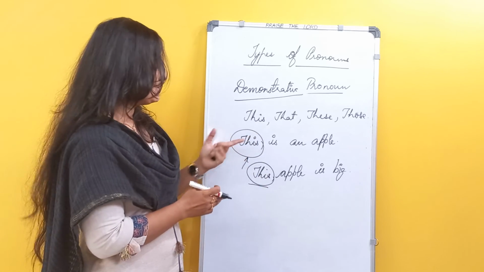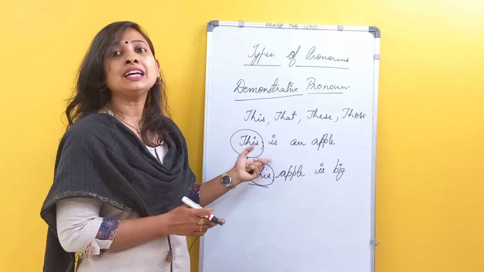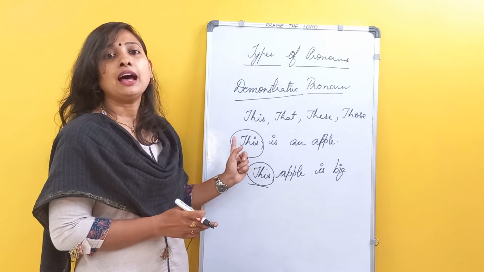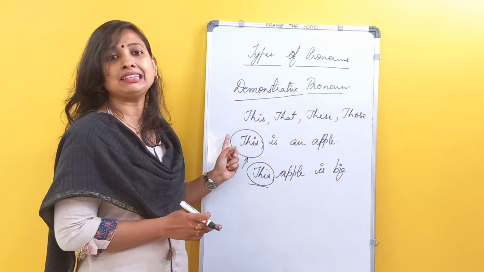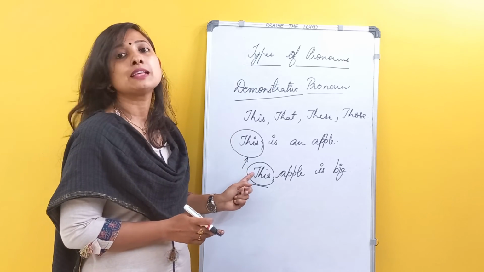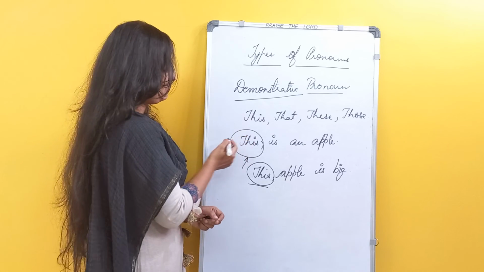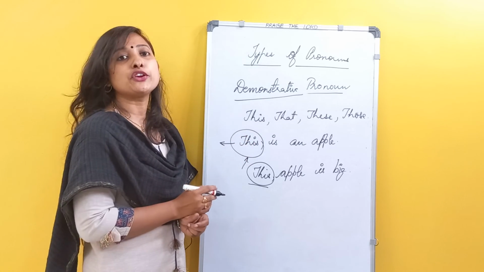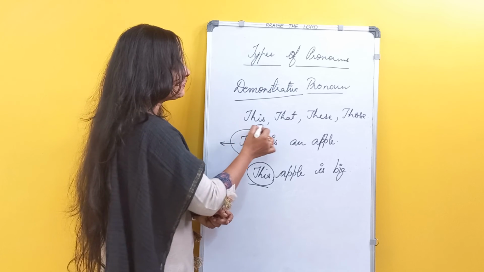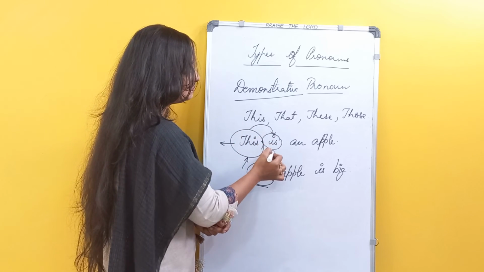You understood? So the same thing, both these words are this. But you have to remember that when it is being used as a demonstrative pronoun, the pronoun is followed by a verb.